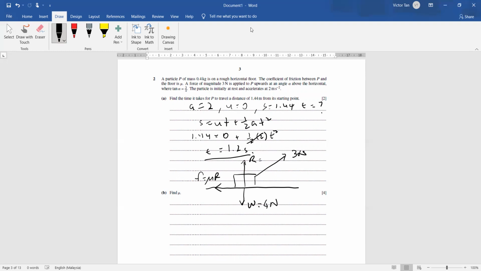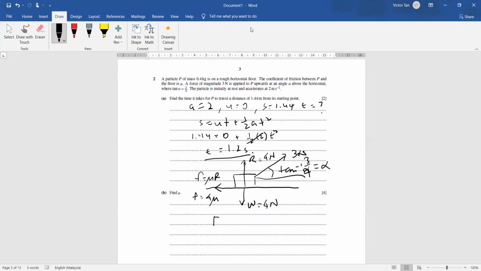So R will be 4 newtons. F will be 4 mu. This angle is arctangent 3/4. Okay.